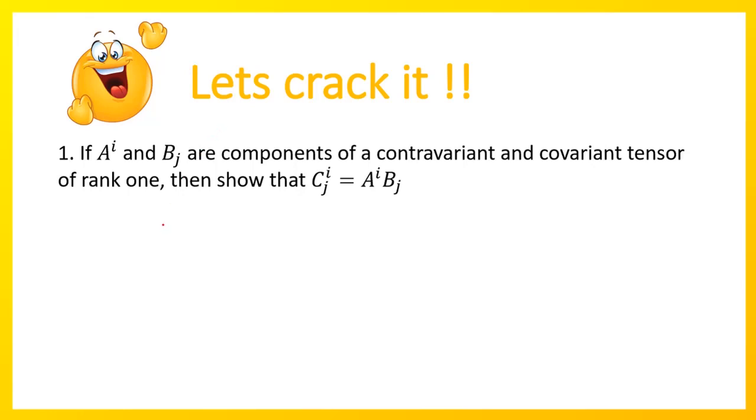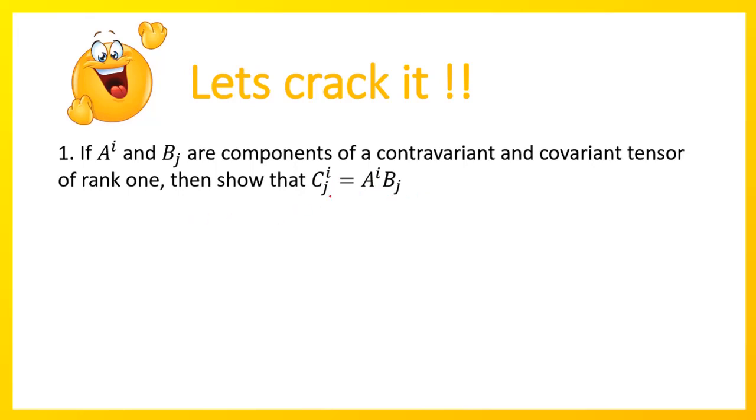So the first problem is, if Ai and Bj are components of a contravariant and covariant tensor of rank 1, that is, they are vectors, a contravariant vector as well as a covariant vector, show that Cij is equal to AiBj.